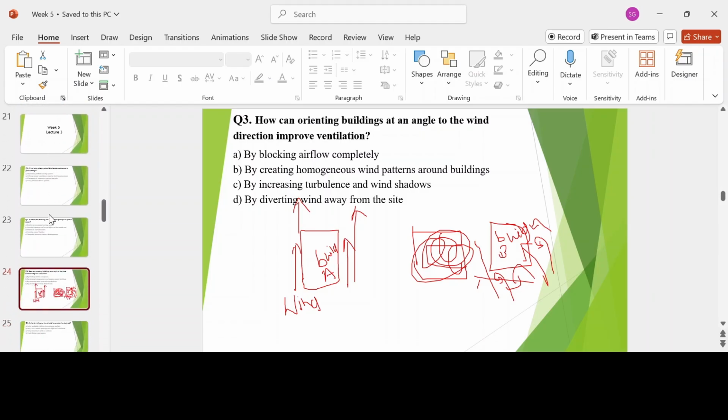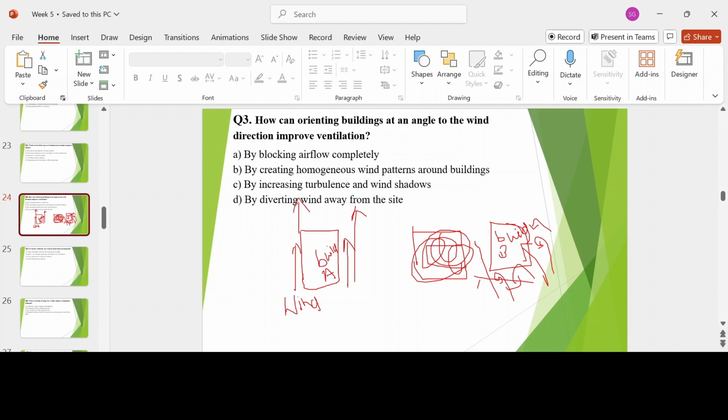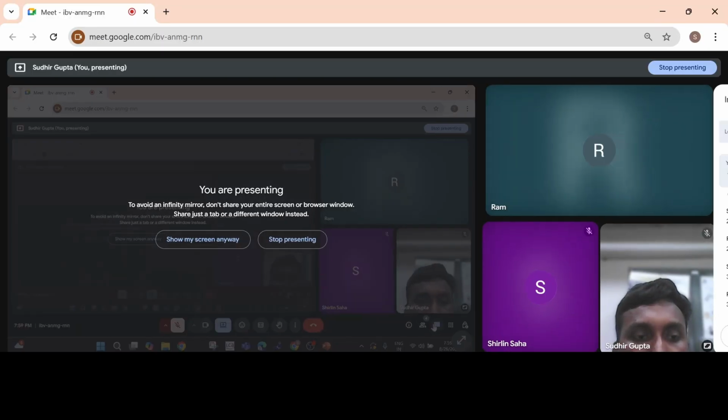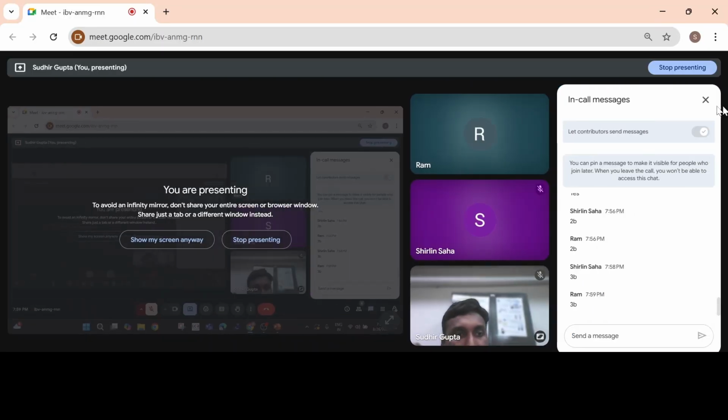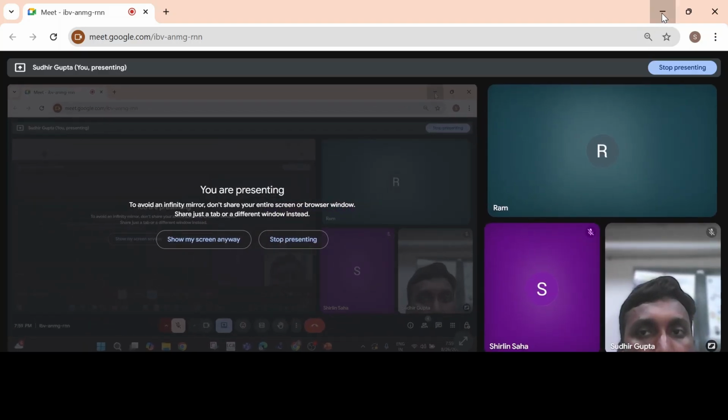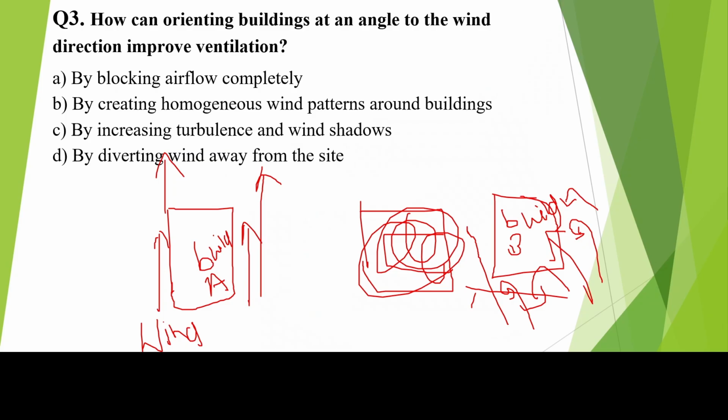So let me see how many of you have answered it correctly. Yeah, as I can see, option B has been chosen by many of you, and B is the correct answer for this question.